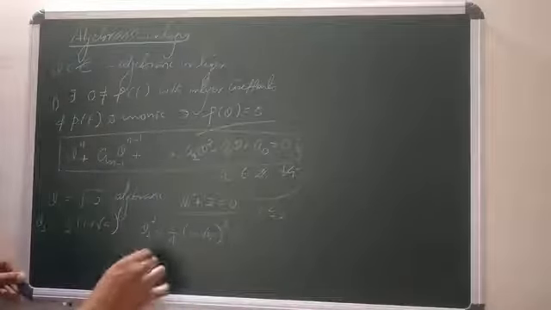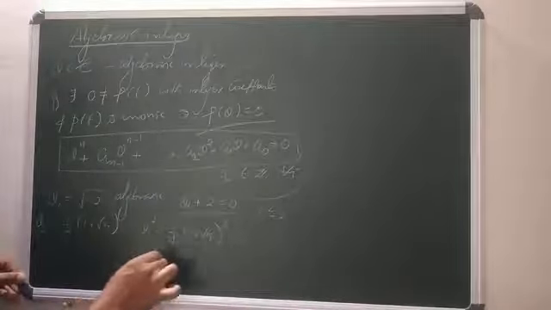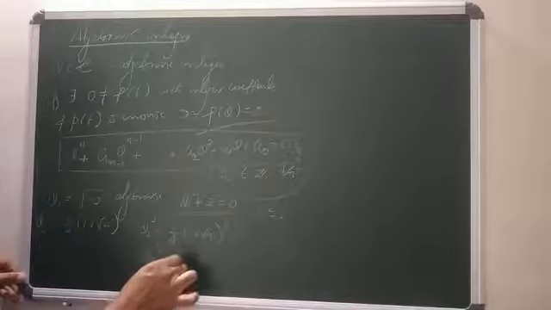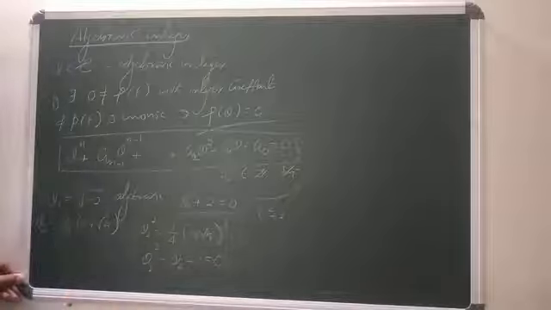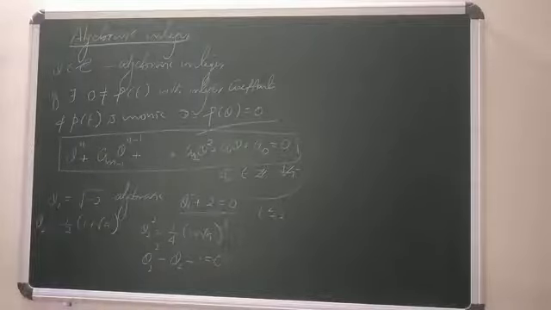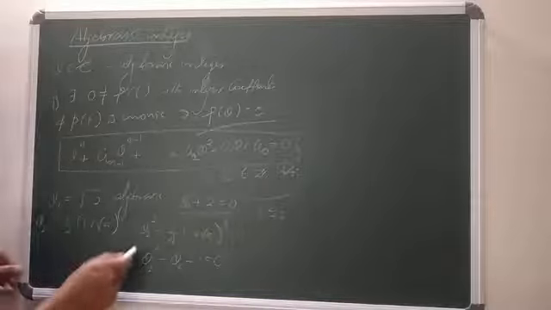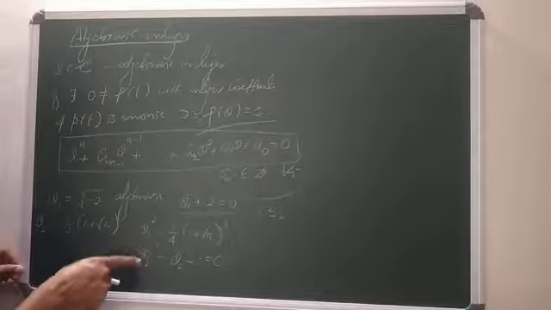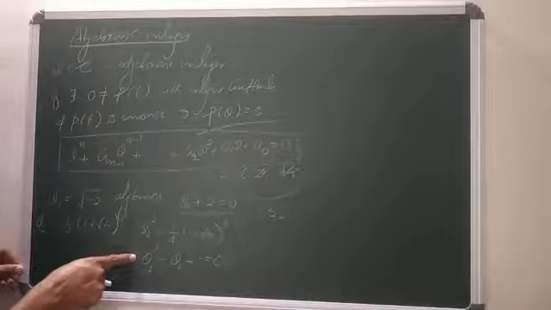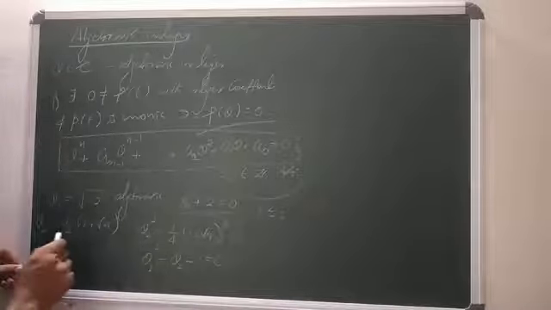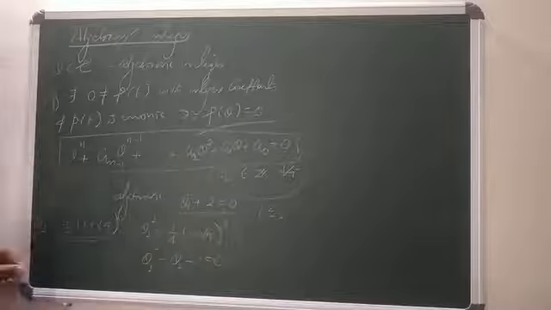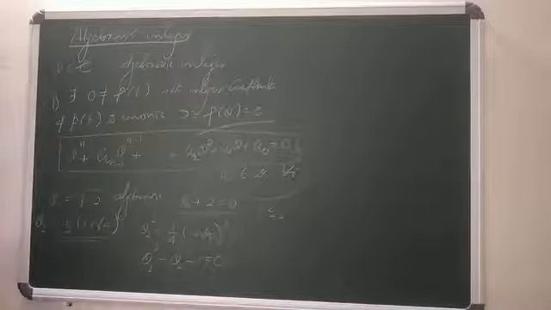Okay, if you rearrange it, you will have theta 2 square minus theta 2 minus 1 equals 0. There is again a monic polynomial. Why? Because the highest degree coefficient is 1. Okay, so since it satisfies a monic polynomial, theta 2, meaning half of 1 plus root of 5, is also an algebraic integer.